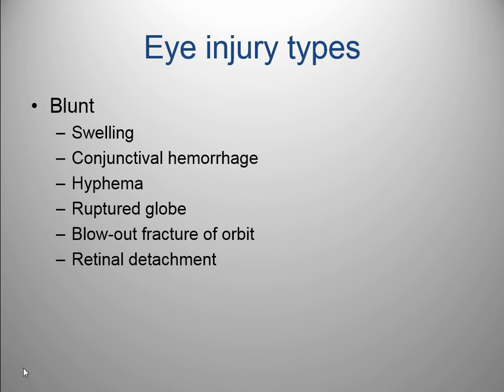Patients complain of seeing a black veil or black screen going over their eye, and that does not resolve itself. Retinal detachments are not going to heal themselves. They do need to see a doctor. They can be repaired sometimes, but not all the time. So a retinal detachment is a pretty serious injury.